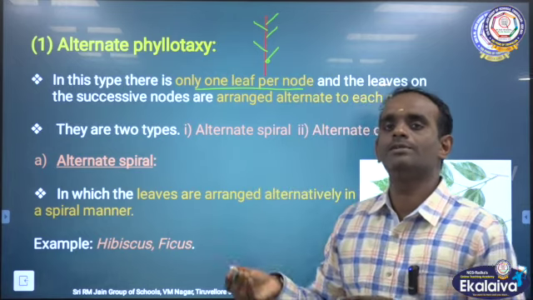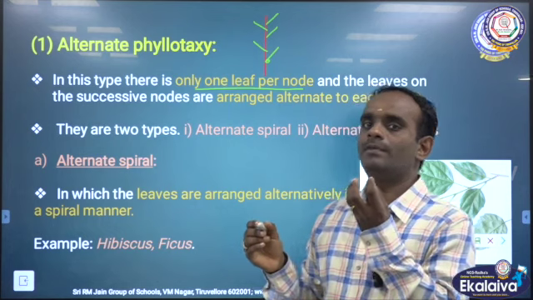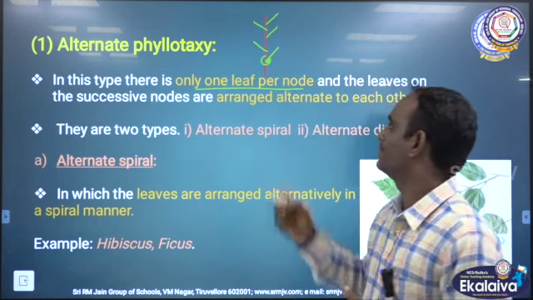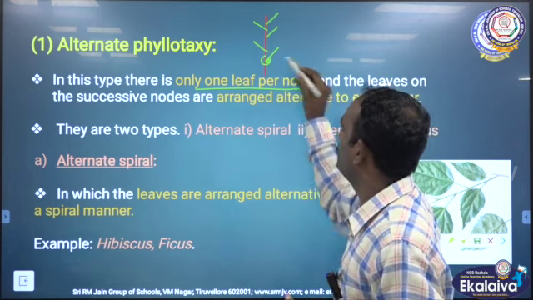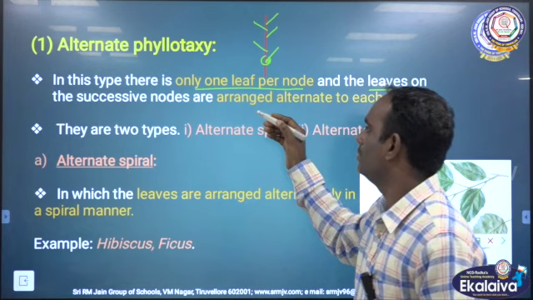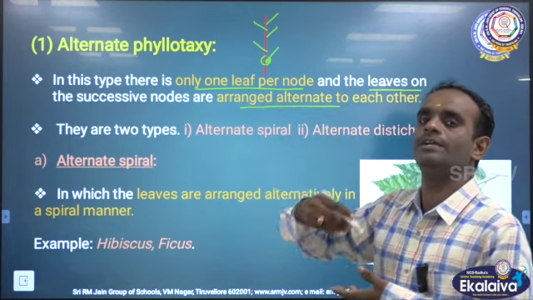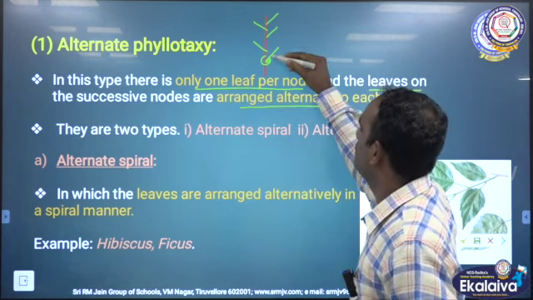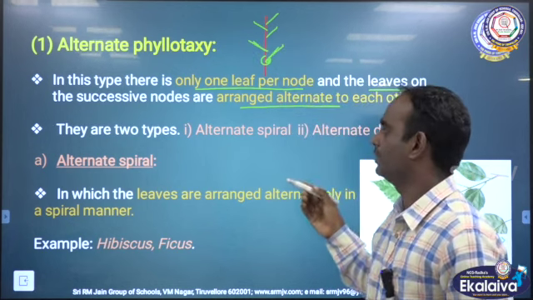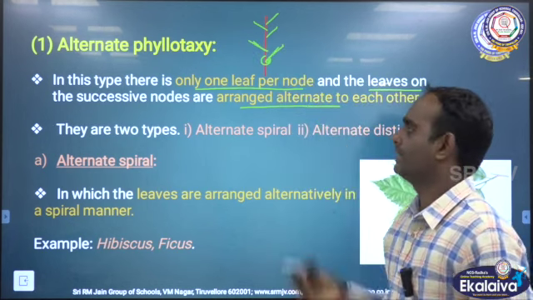Nodes and internodes are the special type of parts which is only present in the stem. So, there is only one leaf arise in one node and the leaves on the successive nodes are arranged alternative to each other. See the picture, one leaf looking this side and another one is opposite side. Okay. So this is called alternate phyllotaxy.